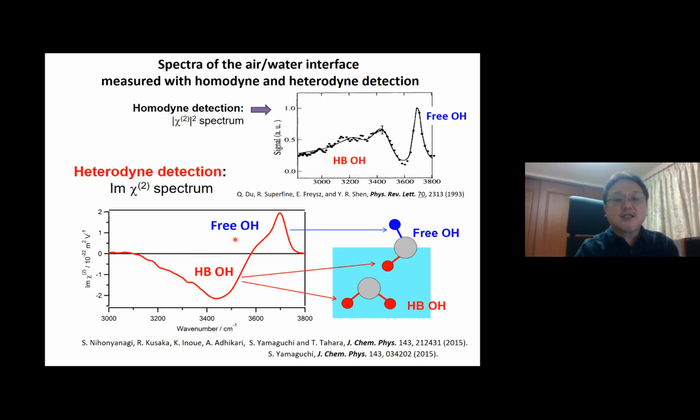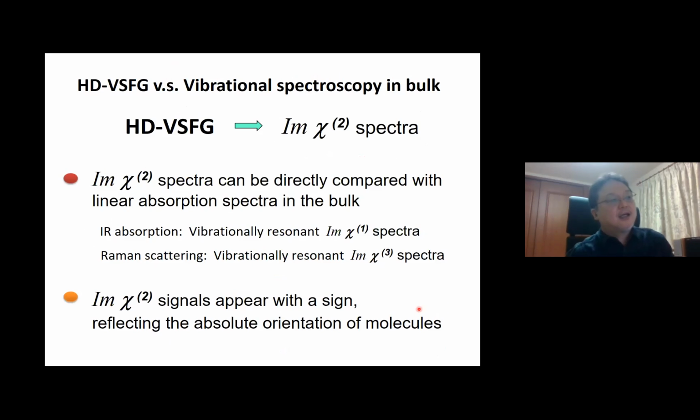The free OH appears with positive sign, which corresponds to the free OH having an H-up orientation, but the hydrogen bonded OH appears with negative sign, which means that the hydrogen bonded OH has an H-down orientation. So this heterodyne VSFG spectroscopy provides the imaginary chi2 spectrum, not the chi2 squared spectrum. And imaginary chi2 spectra can be directly compared with linear absorption spectra of the bulk.